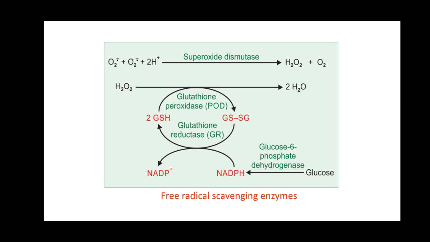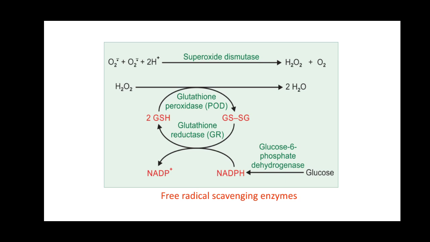Here we can see the oxygen free radicals react with two hydrogen molecules and form hydrogen peroxide and a water molecule by the superoxide dismutase enzyme. Further, these hydrogen peroxide molecules are cleaved to water molecules by glutathione peroxidase, that is the POD enzyme.